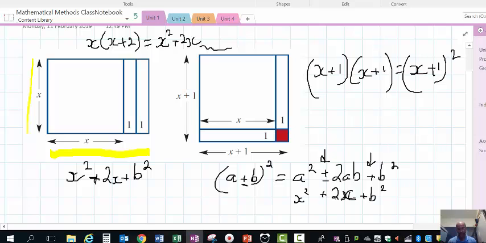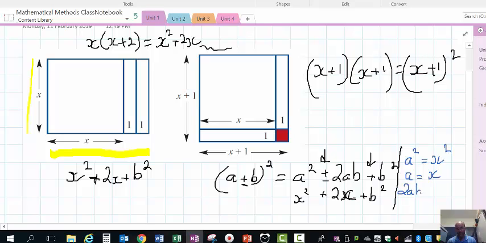So we've got that there, and it's apparent if these two things are the same, then we could infer a few things from that. So that would mean that a squared is the same as x squared, and so a would be the same as x.